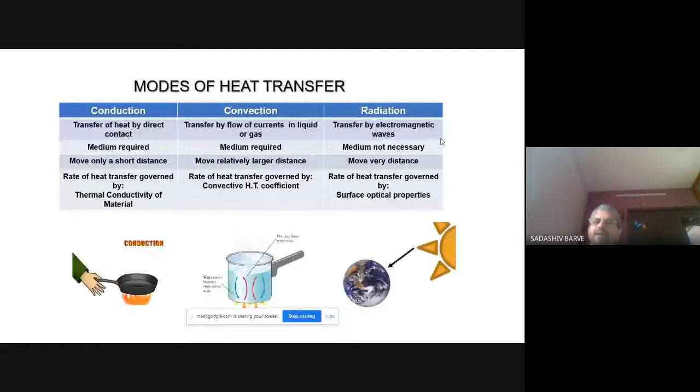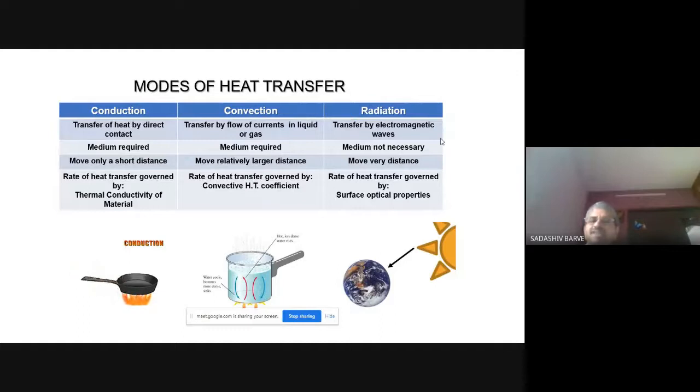Luckily, we do have air around the earth, but even if you didn't have air around the earth, your body would get sun load directly from the sun by virtue of radiation. It moves at any distance. There is no limit of distance.